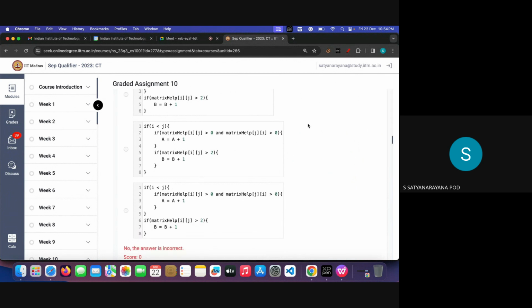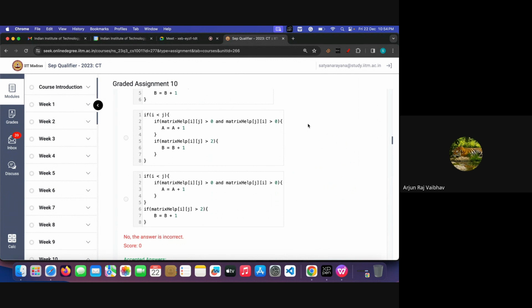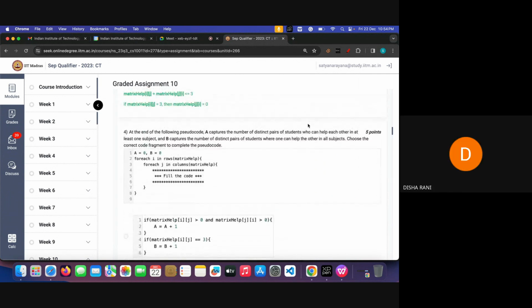Okay, anyway, we will see that. What is wrong, sir? In the question, distinct pairs is mentioned, so that's why I'm not understanding how we can differentiate distinct pairs. Can you read the question once again? Distinct pair. So A is incremented in both the conditions.